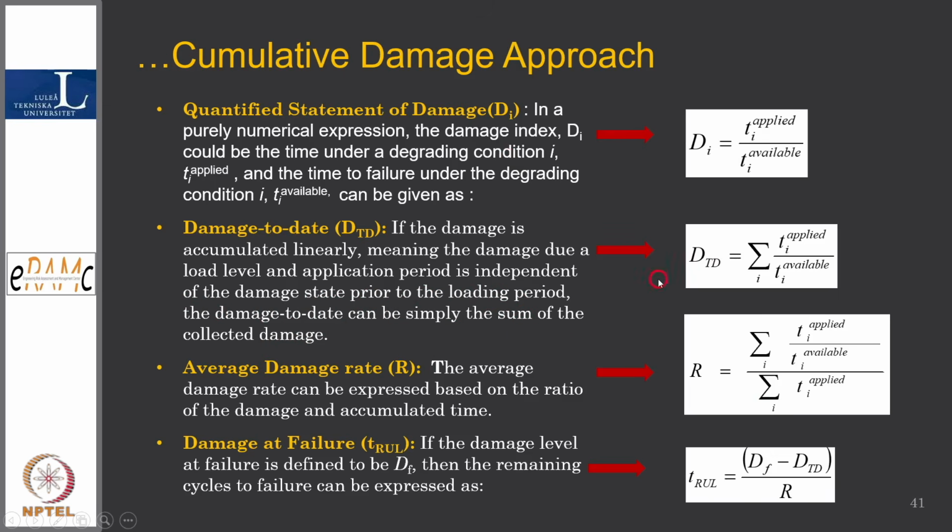Whatever data we collected on the increase in crack size or whatever, that can give you the damage to date. That means what kind of damage has happened.